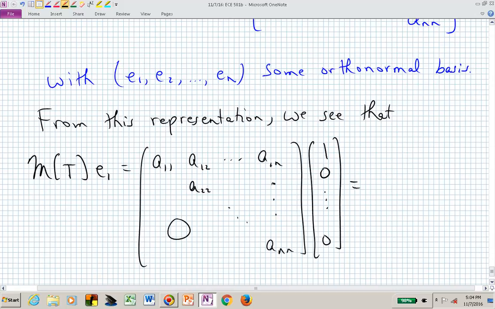What do we get for the result? That's just going to pull off the first column of that upper triangular matrix, which is A11 and nothing else. But that is a scaled version of that orthonormal basis vector, 1 with zeros below it.